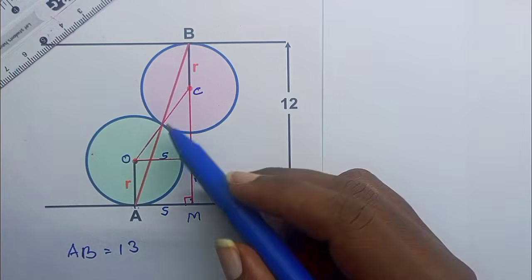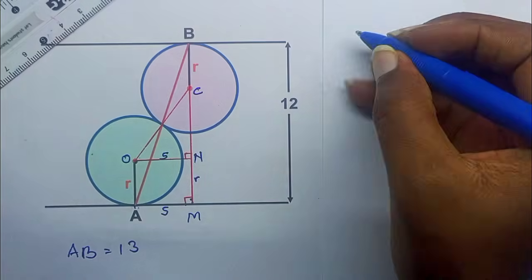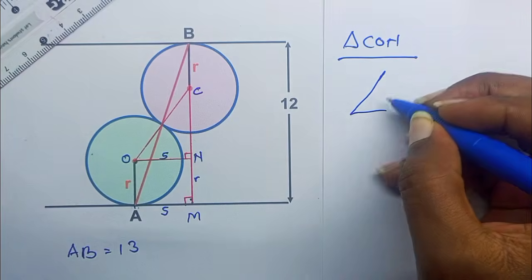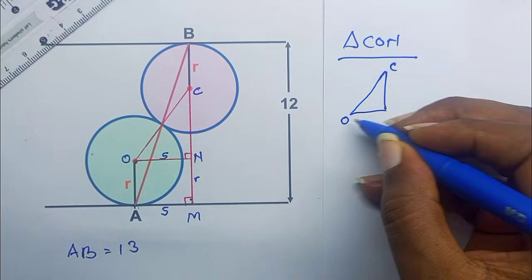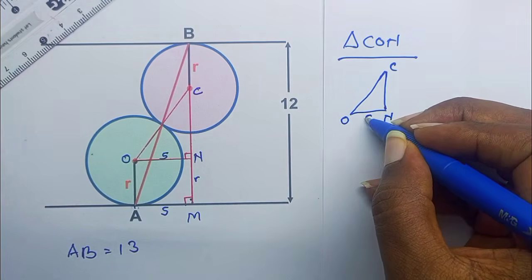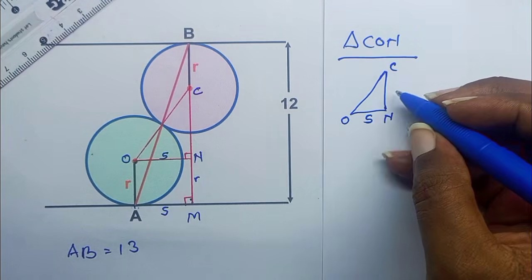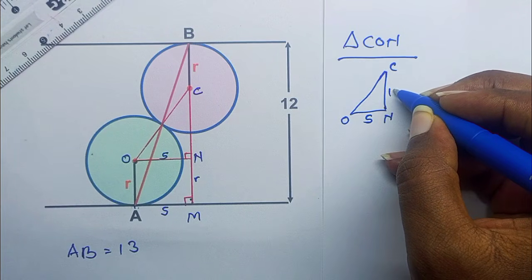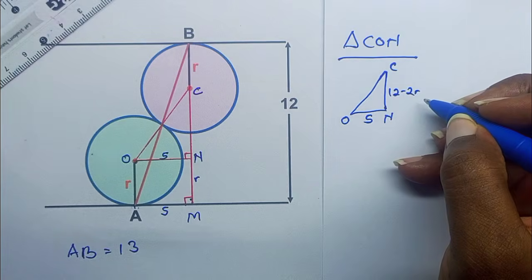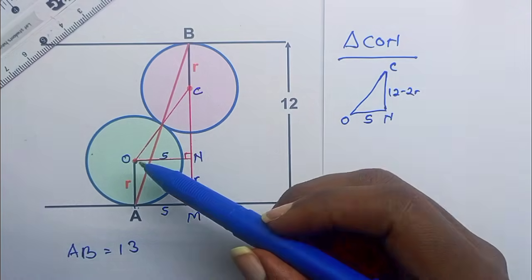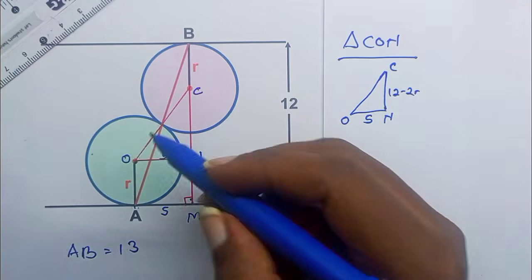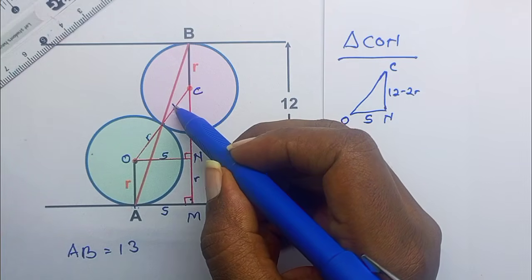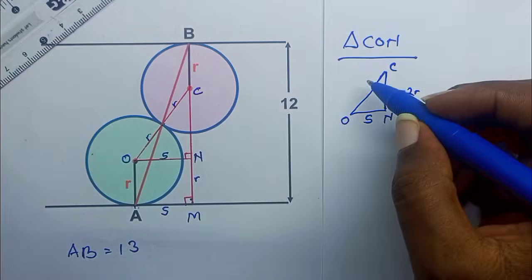Now next, focusing on this triangle CON. Triangle CON. ON is 5. CN, we got it as 12 minus 2R. Then our OC, as you can see, from this point to this point is R. From this point to this point is R. So OC is 2R.